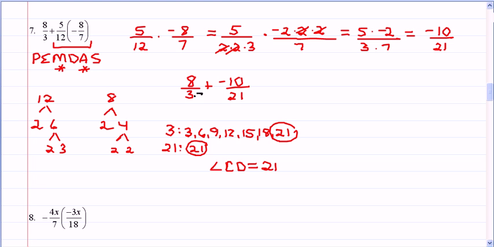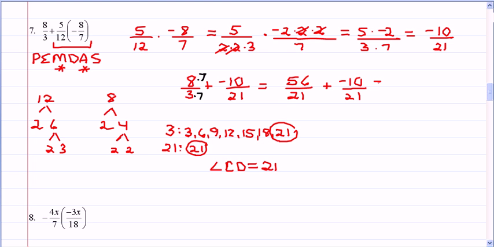So when you're finding a least common denominator, you want both denominators to be the same. And so I'm rewriting the first fraction as 56 over 21 plus negative 10 over 21.